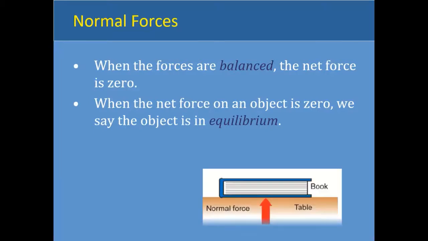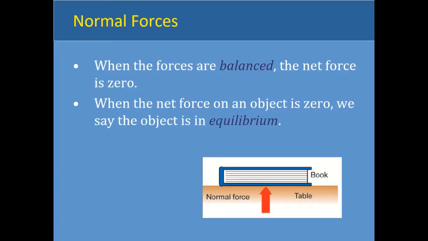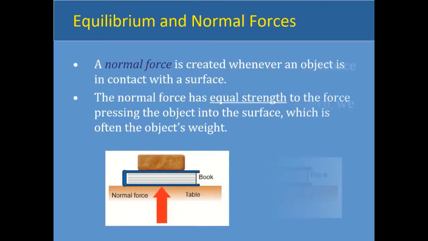Here's a little example. If I put a textbook onto a desk, the book's not falling through the desk, hopefully. And if it's not falling through the desk, you have a normal force pushing up that's matching the F of G or the weight going down. Those two forces have to be balanced so that we can be at equilibrium.